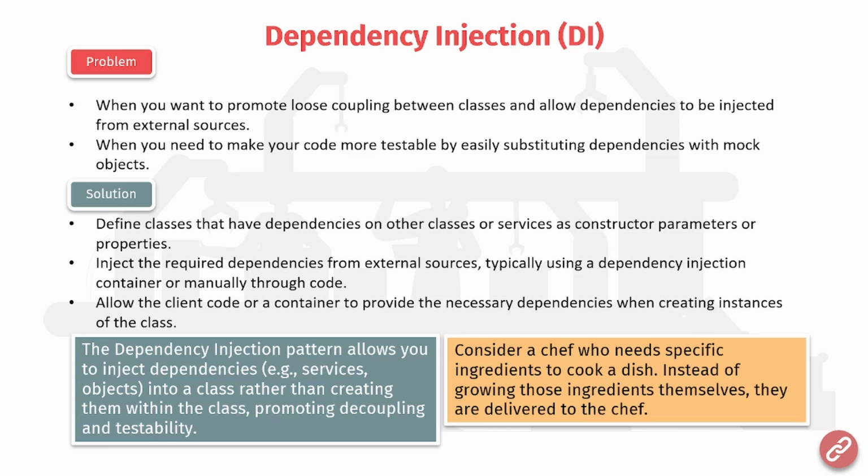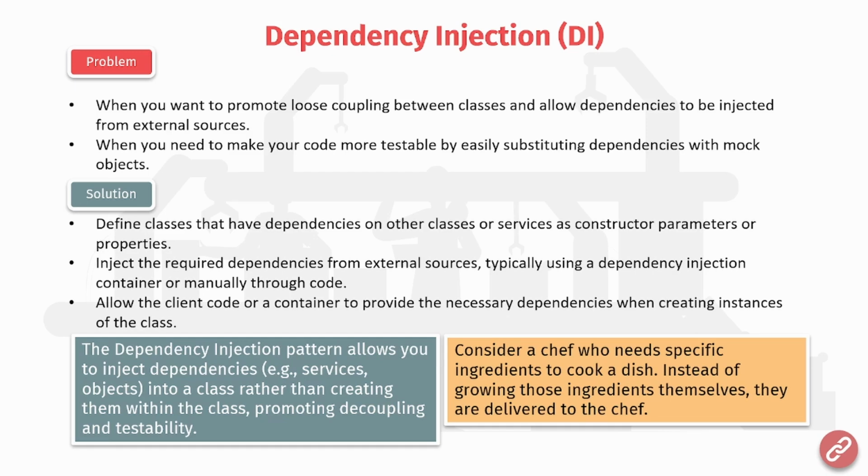So if we try to look at an example for this, imagine a chef who needs specific ingredients to cook a dish, right? So instead of growing all those ingredients in his kitchen or in his garden, he'll get all those ingredients delivered to him. He'll just have to use it.